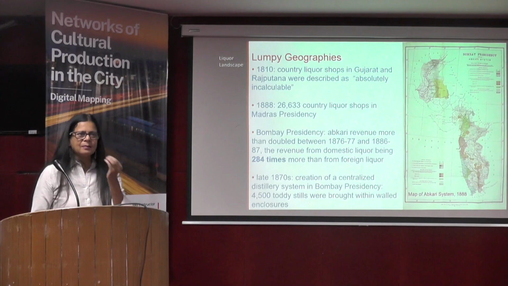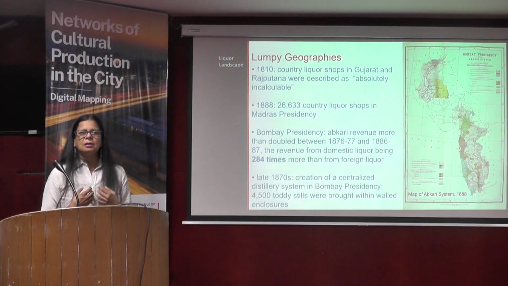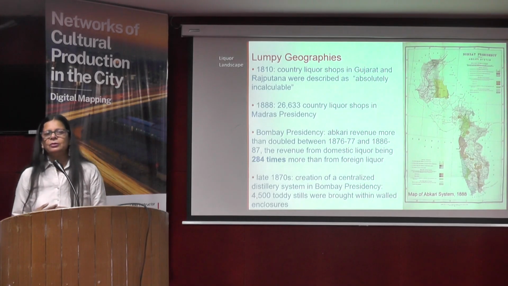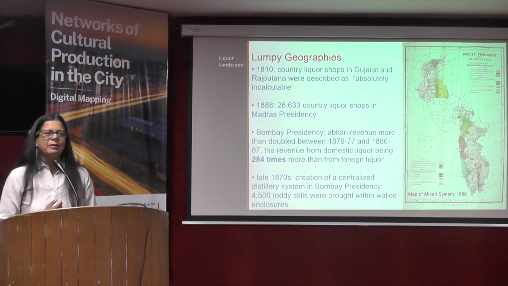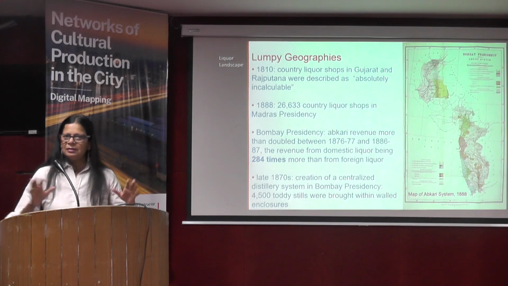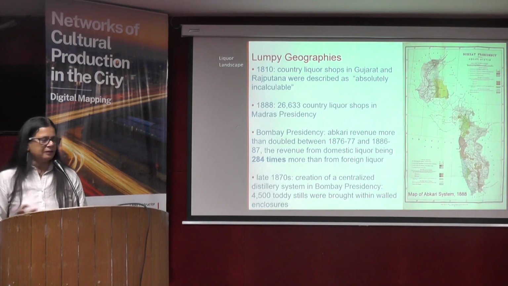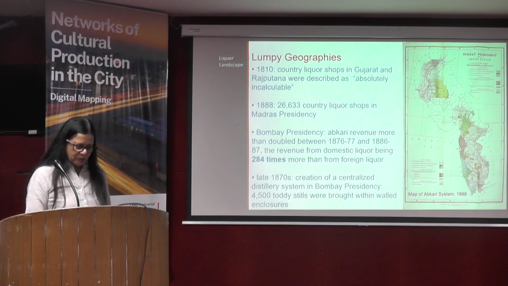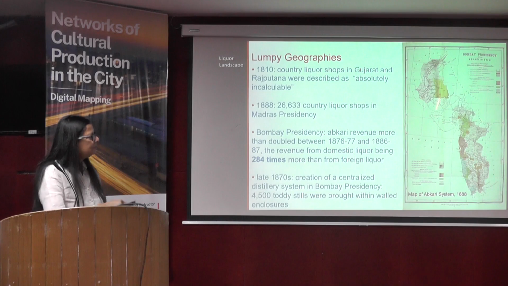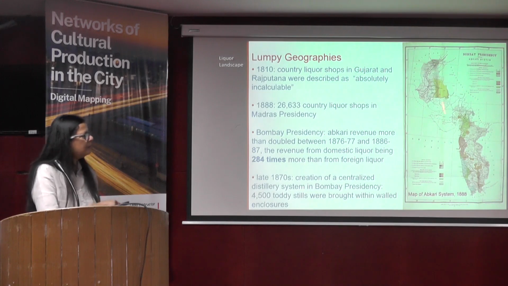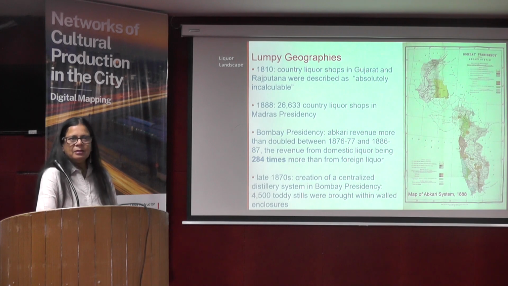Let me move from that small scale to what the colonial authorities were trying to do with repeated Abkari regulations. And this is an area of research by itself. I want you to look at this map. This is the map of the Bombay Presidency's Abkari system. If you don't know anything about this, it'll be pretty much indecipherable to you.